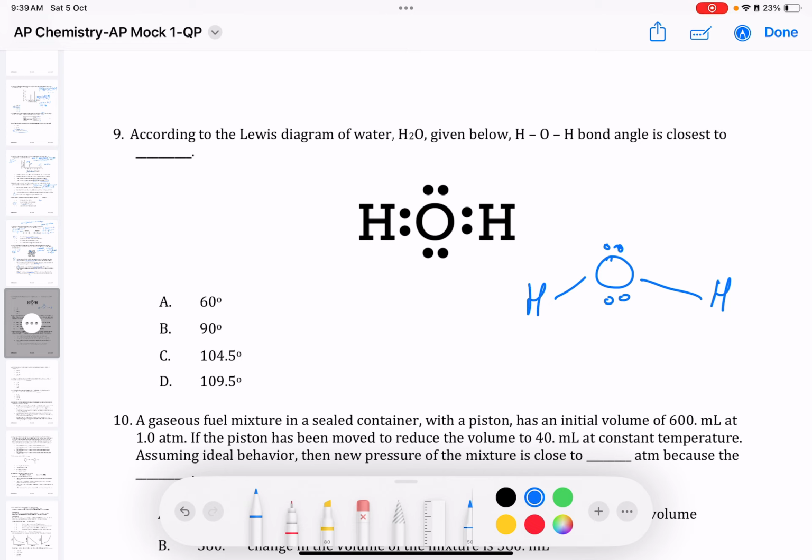So two non-bonding and two bonding. In a tetrahedral electron geometry, the angle is 109.5 between all the domains.